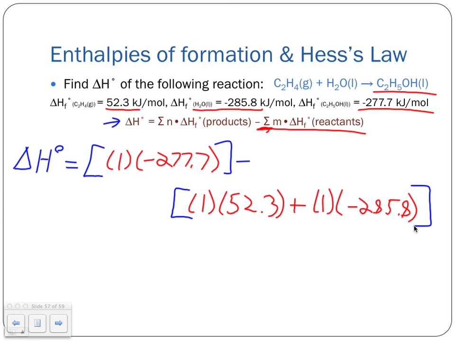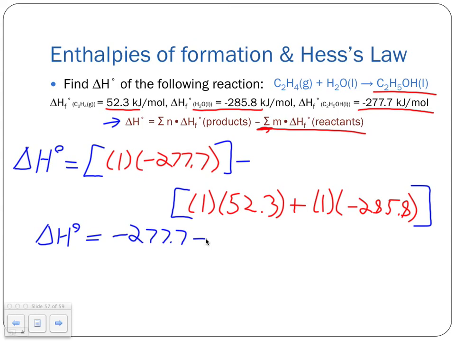I want to combine these together, and so when I do that, I end up getting our reaction enthalpy: 1 times negative 277.7 is, of course, just negative 277.7. Then minus 52.3 times 1 plus negative 285.8.